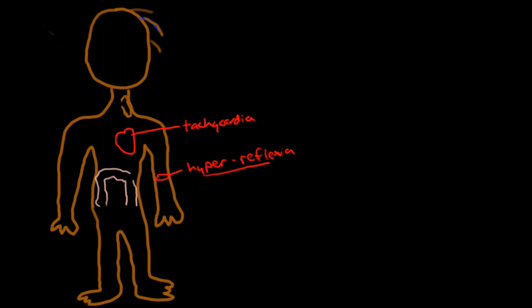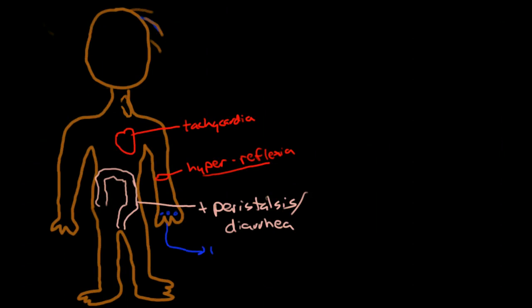This is a little picture of the colon. So it's going to cause cramping and diarrhea. It's going to cause warm skin and sweaty palms. Actually, they're going to be warm and sweaty everywhere, and they're going to tend to have heat intolerance.